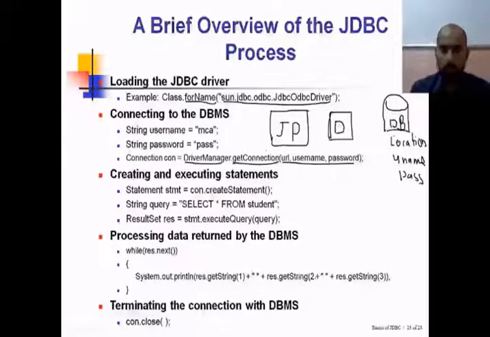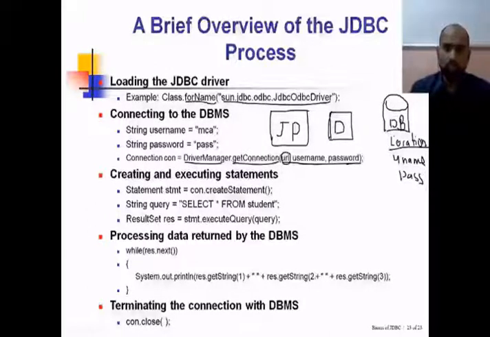This particular method takes 3 arguments: URL, username and password, where the URL provides the location of the database, the address where exactly that database is located, and the username and password are the actual database username and database password which we need to pass while connecting with the database.